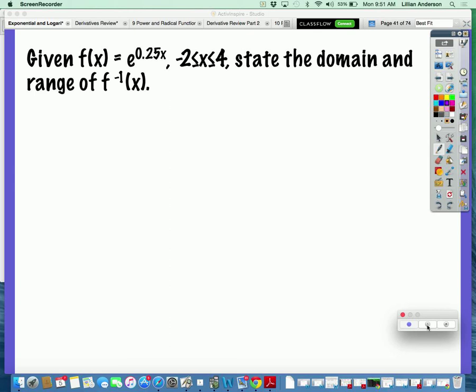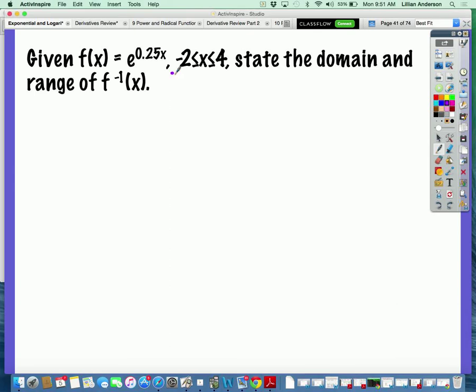That restriction right there, -2 less than or equal to x, less than or equal to 4, what does that represent? Not an asymptote. The domain of your original function.